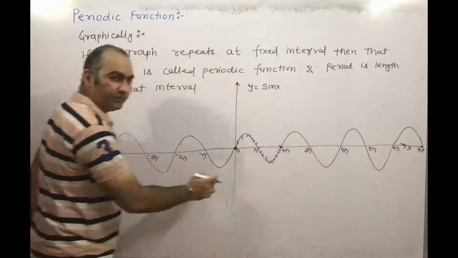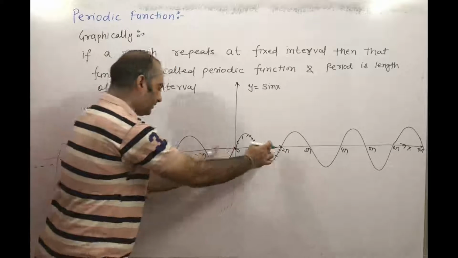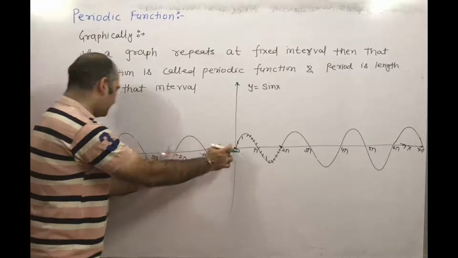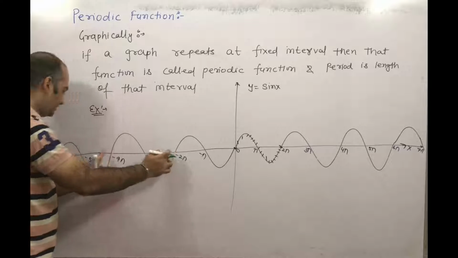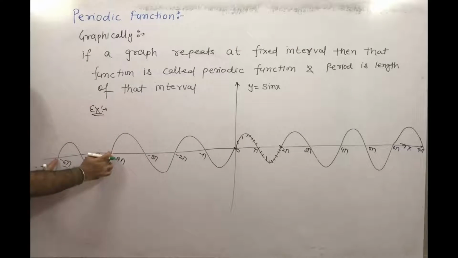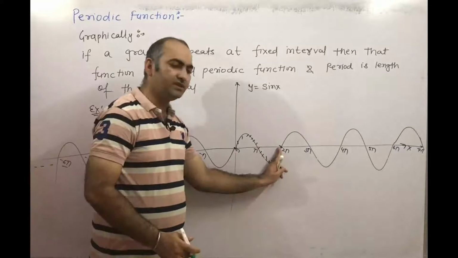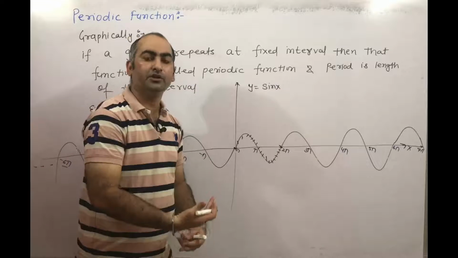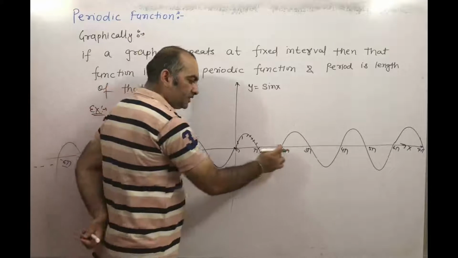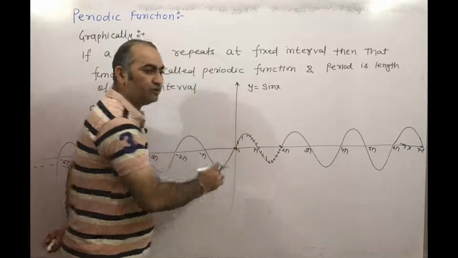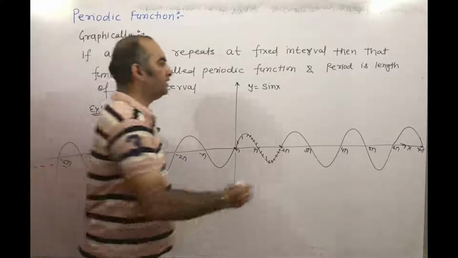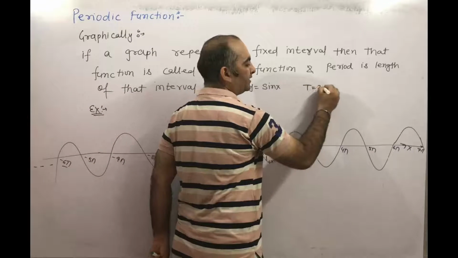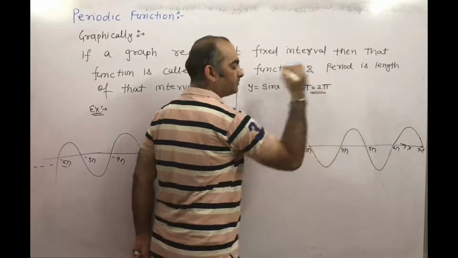If you go back side also, same graph is repeating minus 2 pi to 0, minus 4 pi to minus 2 pi, minus 6 pi to minus 4 pi. So this graph, the 0 to 2 pi interval, is repeating again and again. The length of this interval is 2 pi minus 0, which is 2 pi. So t equal to 2 pi is the period of sin x.